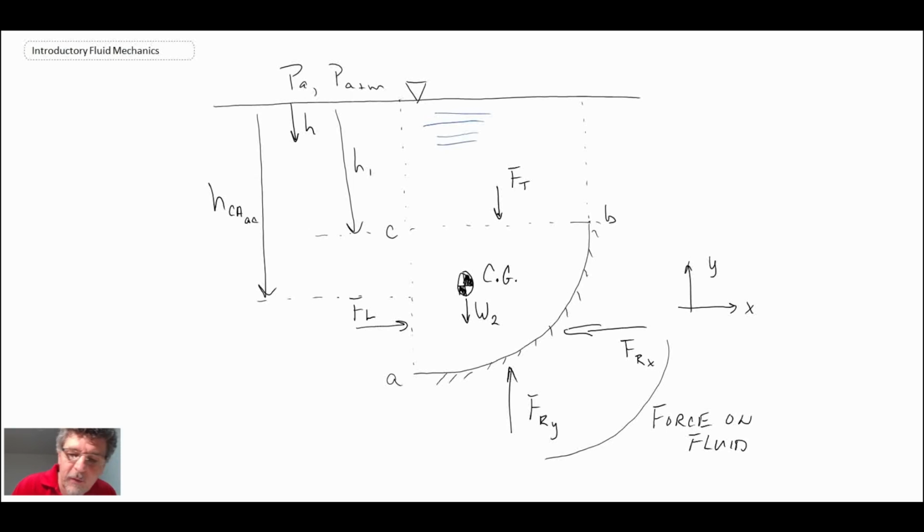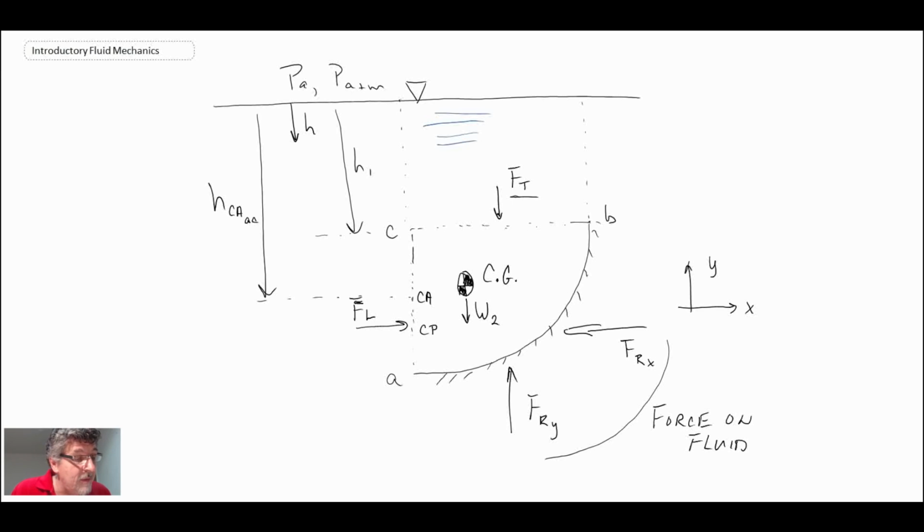We're going to simplify matters by creating this chunk of fluid that is above the plate, and we'll say that on the upper surface of the chunk of fluid we have a force Ft. There's a force acting on the left-hand side of the fluid, and that will be at the center of pressure of this surface AC. This is the center of area of AC. We're going to use this schematic as the starting point for our analysis.